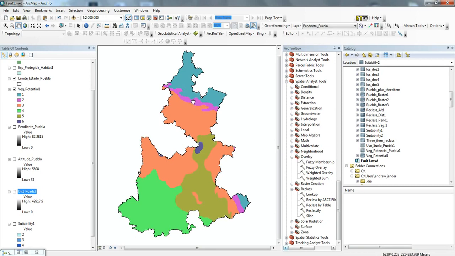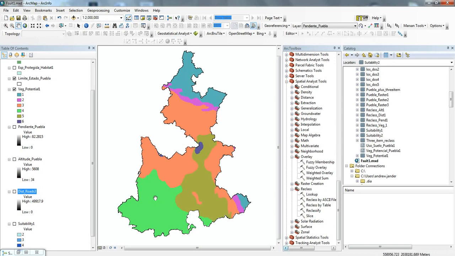The purple here is a cloud forest type vegetation, and below that, in this turquoise, is an evergreen tropical forest, evergreen subtropical forest.